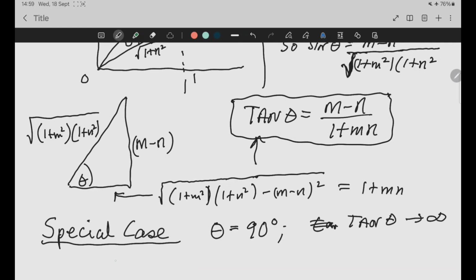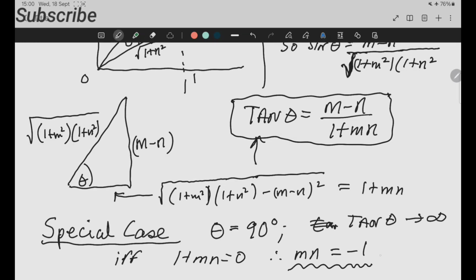Okay? So this will be if and only if 1 plus mn equals 0. Okay? So that the product of the gradients mn is equal to minus 1. That is a fairly commonly used result. And I'll end on that note.